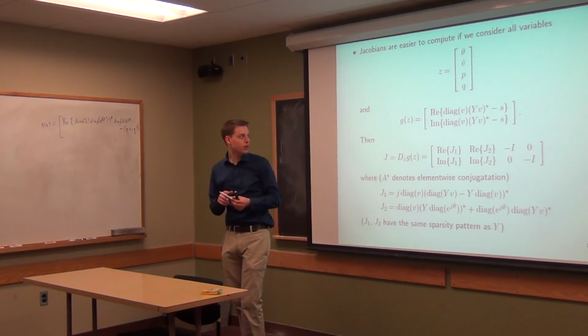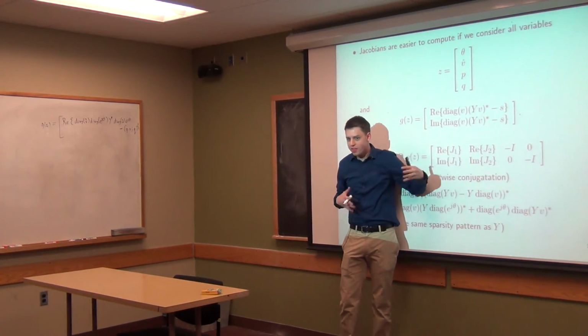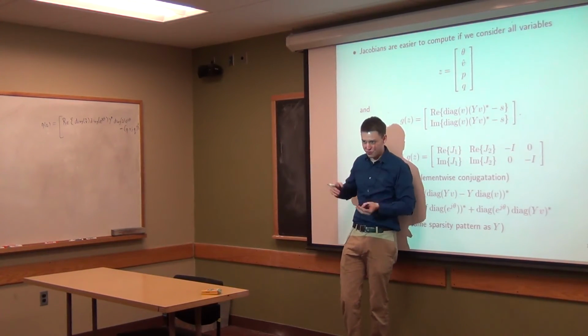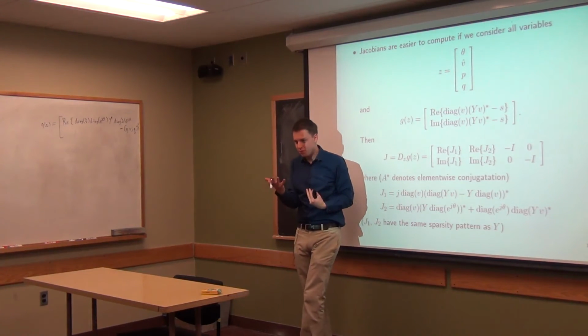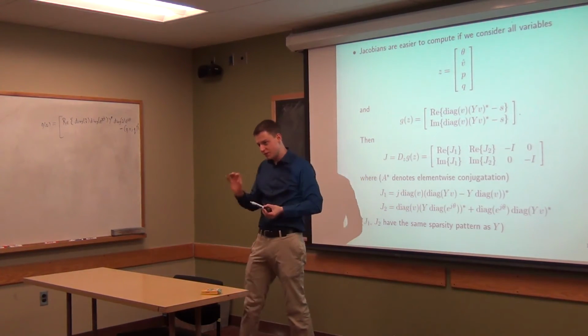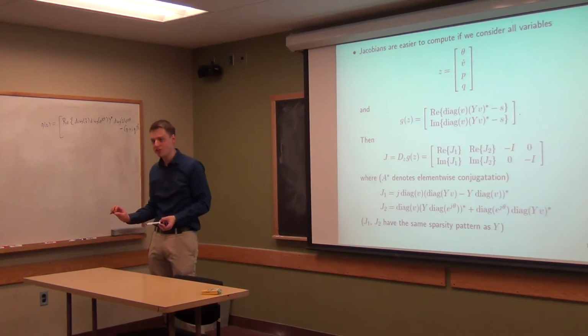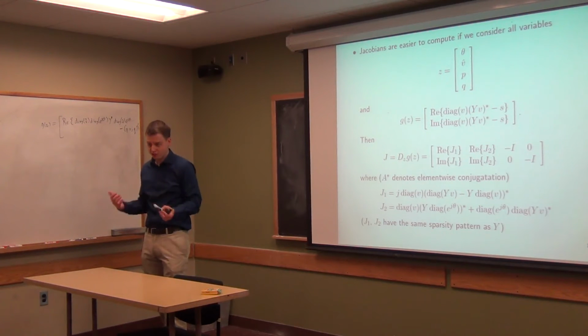In cases where you have some input where this is not equal, that really has no physical meaning. That's just a bunch of numbers we've assigned. It only has physical meaning when you have solved this problem. So we're going to use Newton's method to solve the power flow equations, but those only have physical interpretation when we've actually solved them.